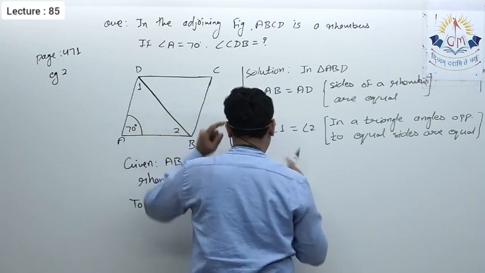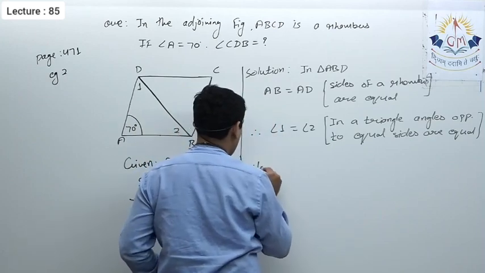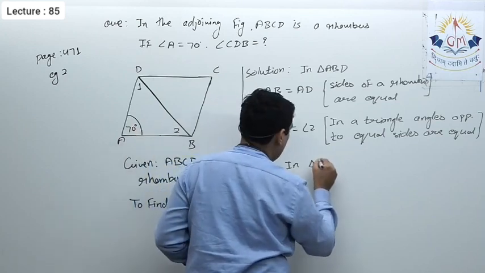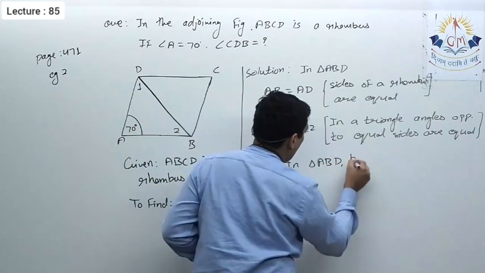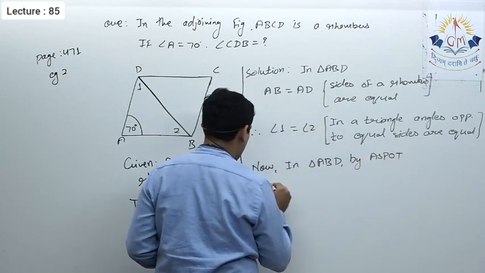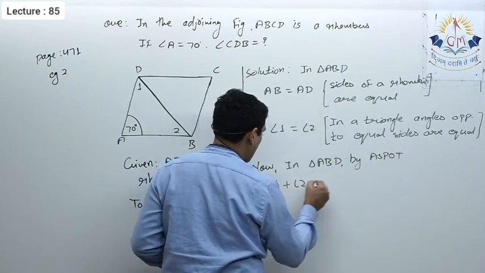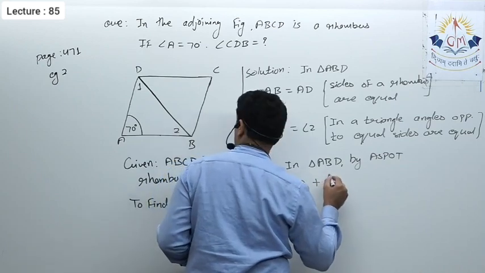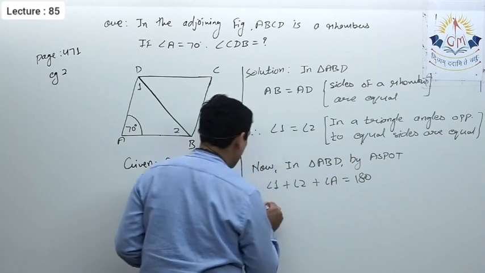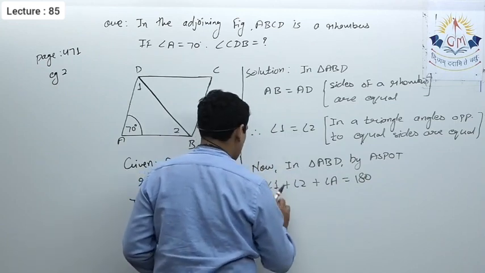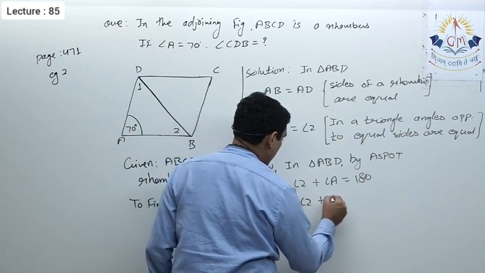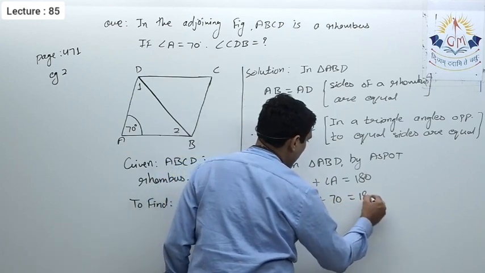Okay, so now in triangle ABD, by angle sum property of triangle, I can write angle 1 plus angle 2 plus angle A is equal to 180 degree. Therefore angle 2 plus angle 2 plus 70 is equal to 180 degree.